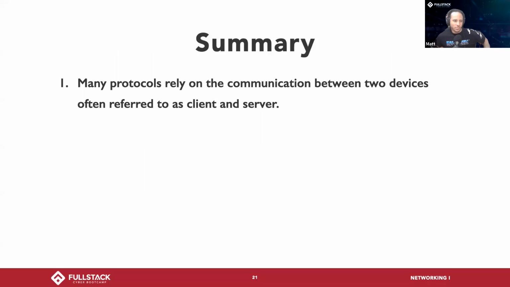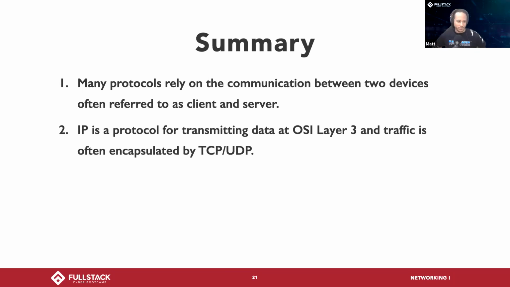So in summary, we have a lot of protocols to facilitate communications. We have DNS so that we can resolve domain names to IP addresses. We have the HTTP protocol for doing things over the web. We have TCP and UDP for facilitating different forms of communication. But really, all of them pretty much use this client and server relationship where you ask for something, the server waits for that, and then forms some kind of response.